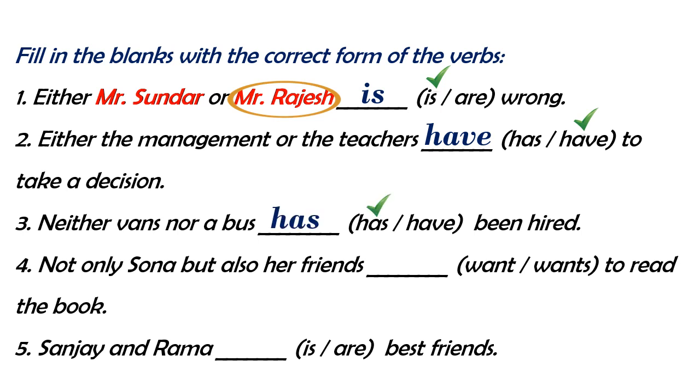Number 4. Not only Sona but also her friends want to read the book. We use the plural verb want because the subject closest to it, her friends, is plural. Remember, plural verbs don't end with s. Number 5. Sanjay and Rama are best friends.